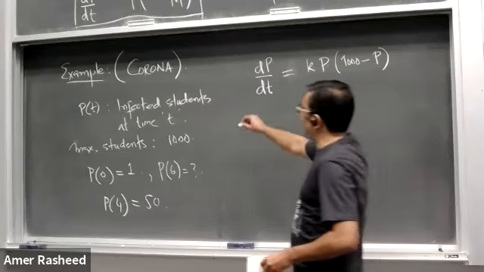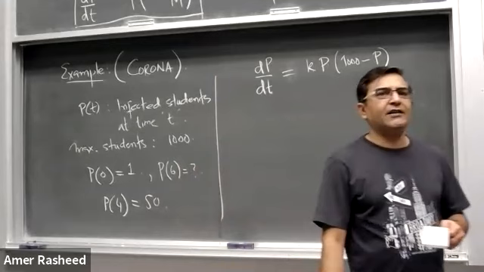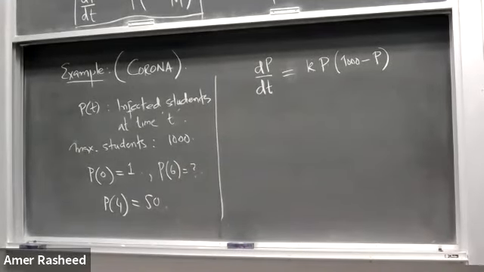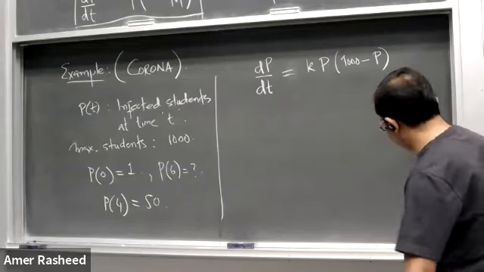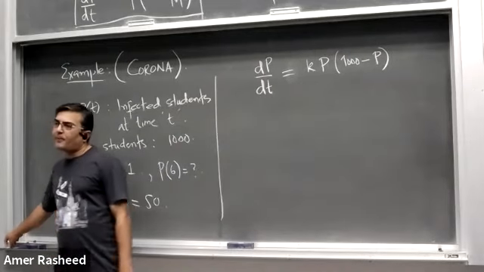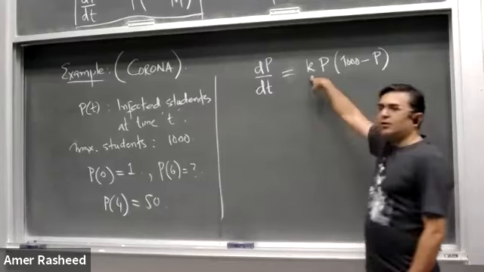So this is the information which is given to us, and we have to find the number of infected students after 6 days. If you have any question, you can ask me. Now, I told you this K should be known.